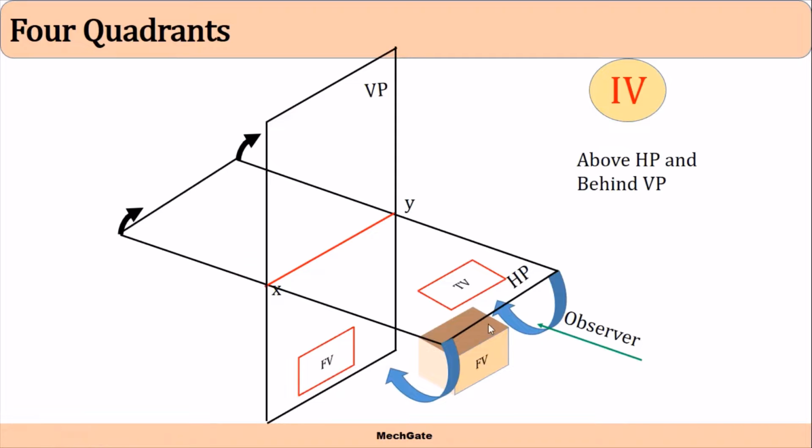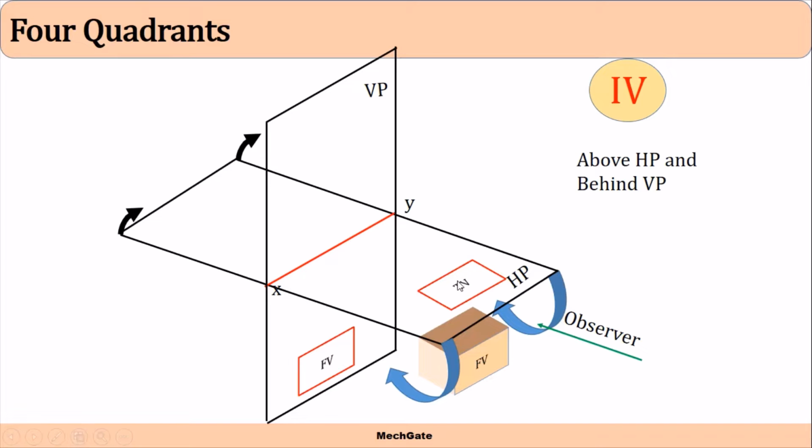And when the object is kept in the fourth quadrant, as you see, again the front view is lying below the reference line XY, and the top view will be lying on the horizontal plane. After rotating the horizontal plane in such a way that the third and first quadrant open up, we have to rotate in a clockwise manner.